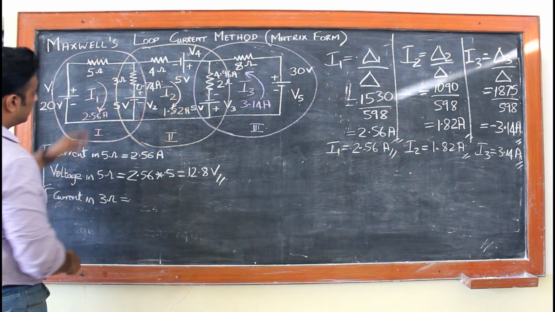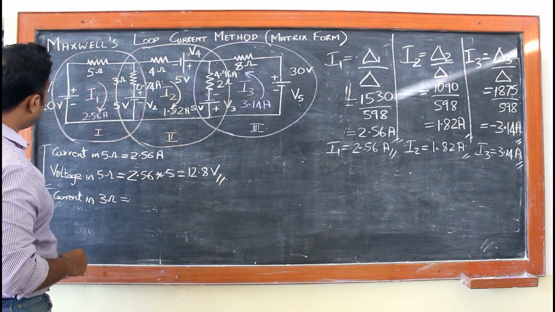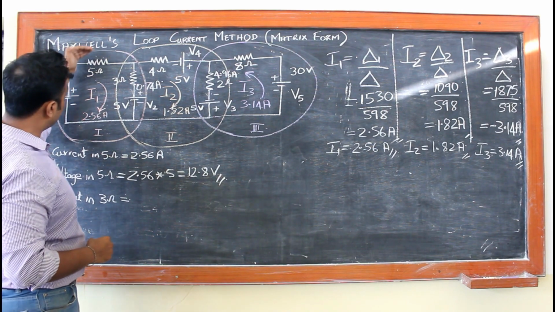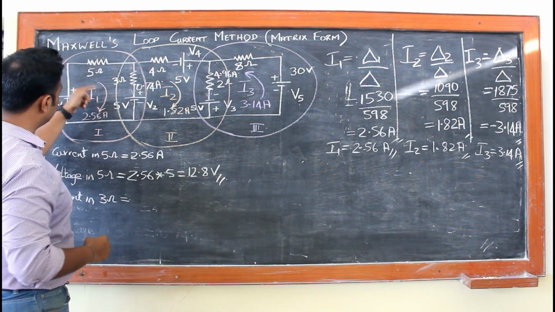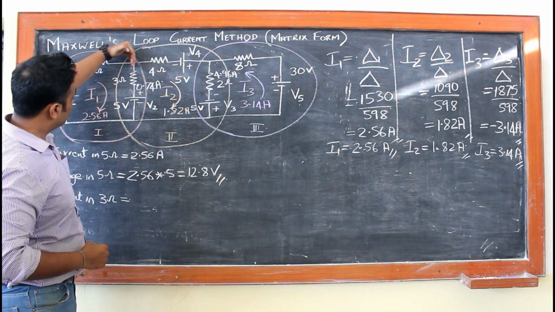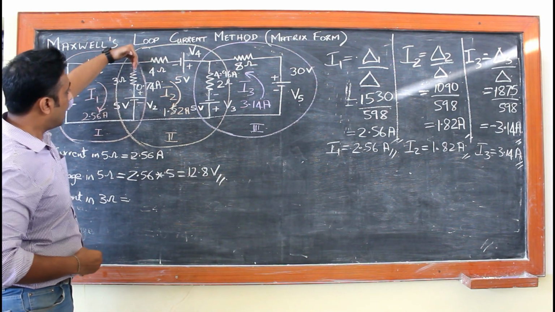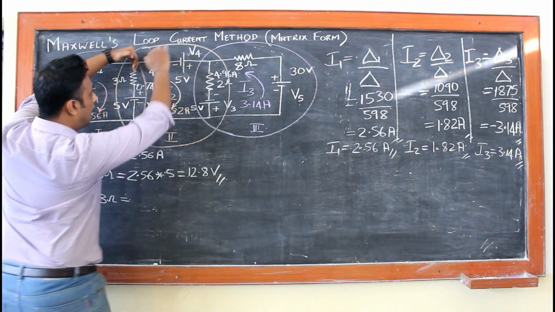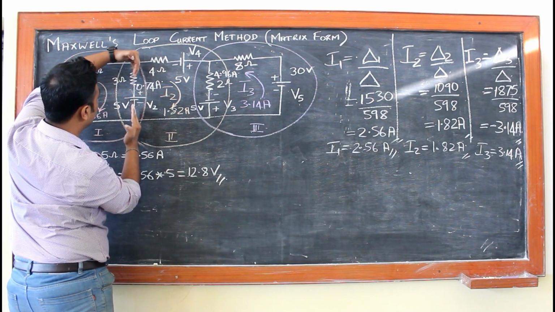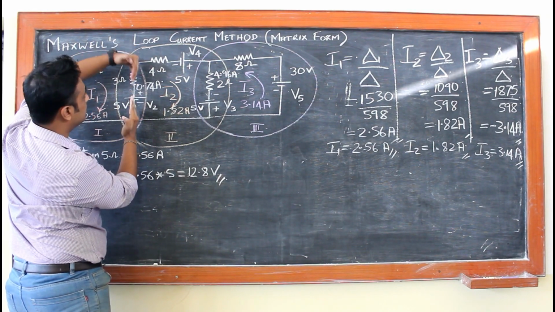So now the current in the 3 ohms resistor. Now as we see, we have I1 here. So I1 is flowing in the 3 ohms resistor. Look at the direction, it is clockwise in nature. So I1 is flowing from top to down. And I2 is flowing from down to top. So we have I1 and I2 in opposite directions.